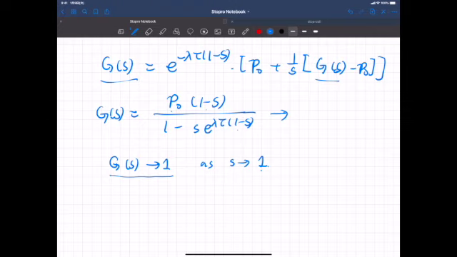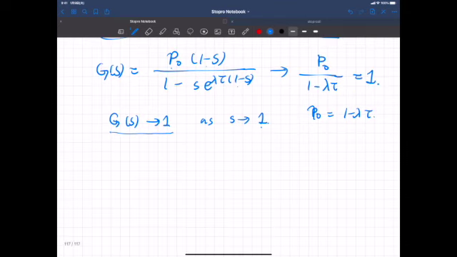So we use L'Hopital's rule, and we can still calculate this limit. That should be lambda tau, which should be equal to 1. So from this, we can determine the value of p0 as 1 minus lambda tau.